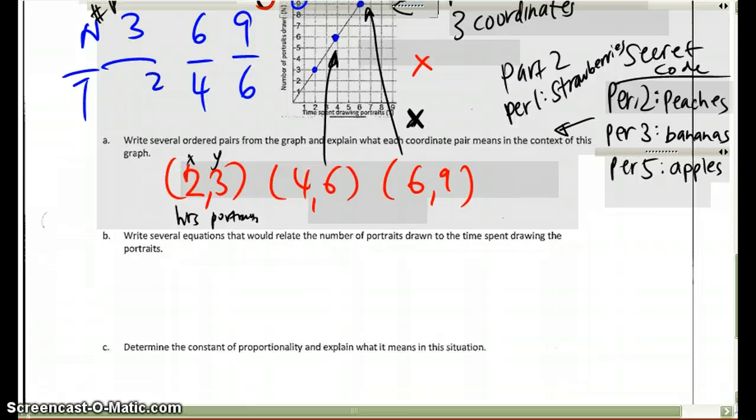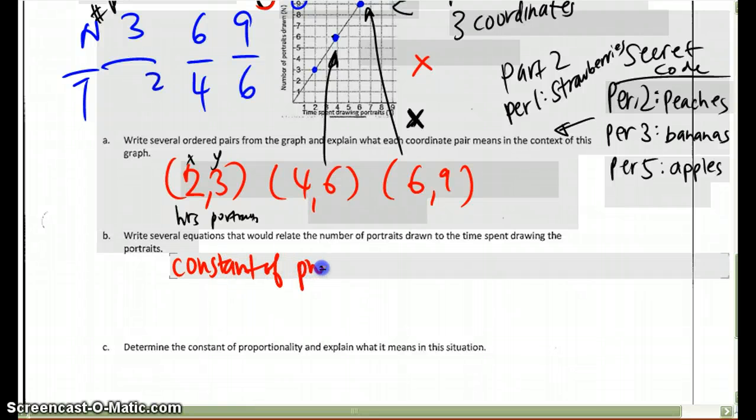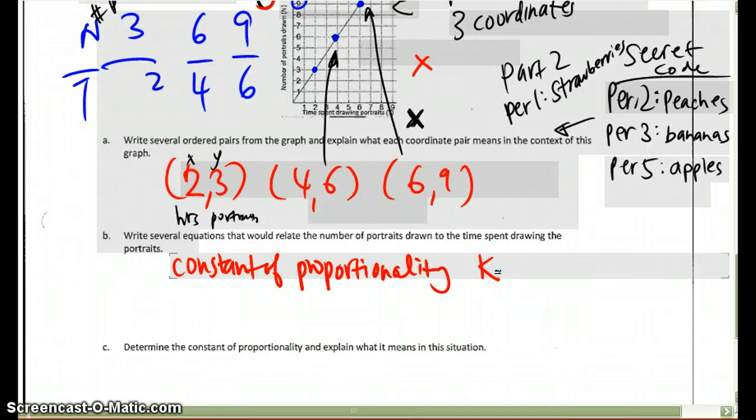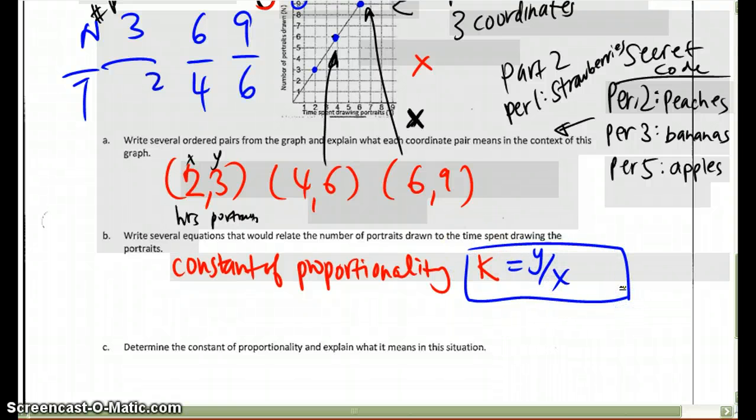Because each of these ordered pairs can create a constant of proportionality, that's going to help us find our equations. The constant of proportionality is always our letter K, and our K is always equal to Y over X. It's going to be the Y-axis over the X-axis.